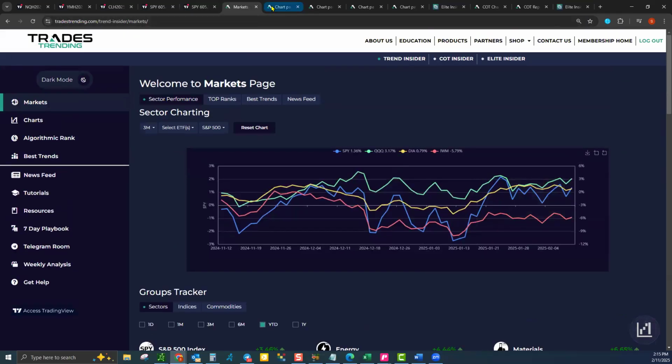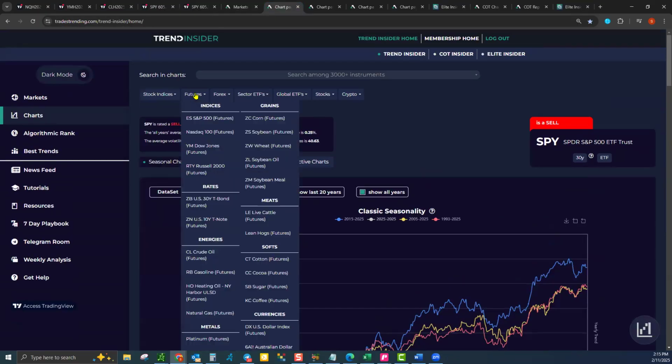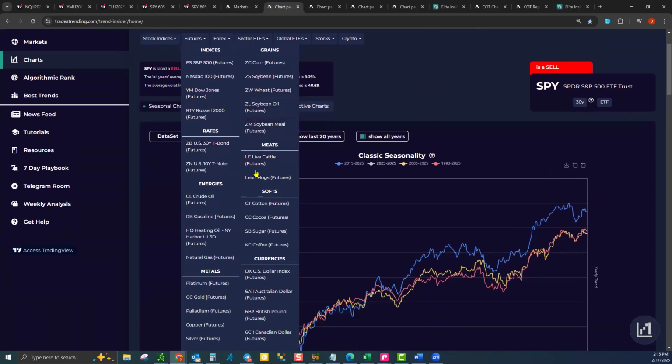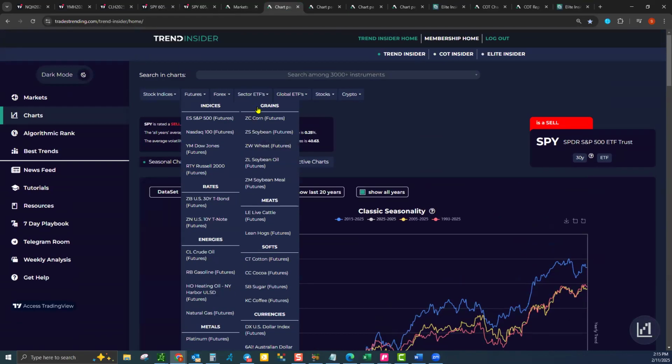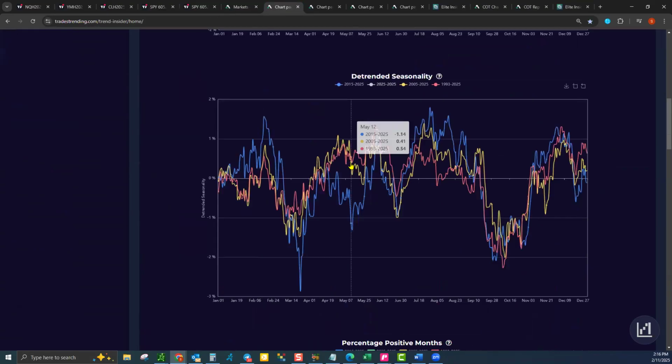But if I just wanted to look at an individual symbol, whether it's Diamond, Dow, SPY, futures, if I want to look at Dow futures, rates, meats, grains, softs, energies, metals, currencies, Forex pairs, sectors, global ETFs, individual stocks, we've got over 4,000 instruments to look at. And when you start giving me some symbols, we'll take a look.